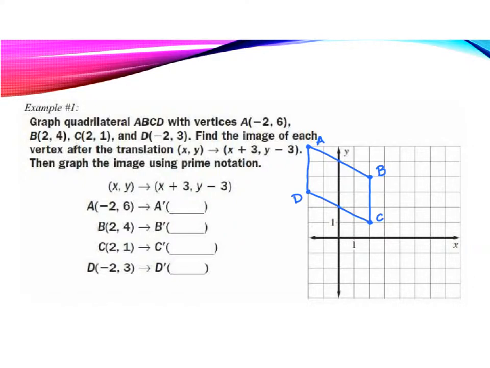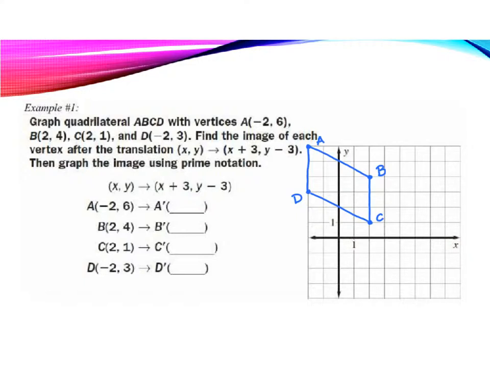For any translation, you're always going to be given a certain rule for that translation. And for this particular figure, we are asked to use this one. So we're going to add 3 to x and subtract 3 from y from each of our given points on our figure that are the vertexes on our figure.